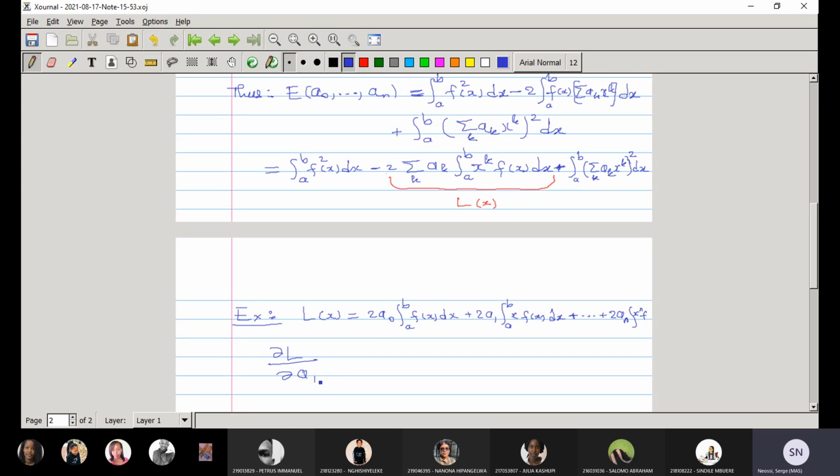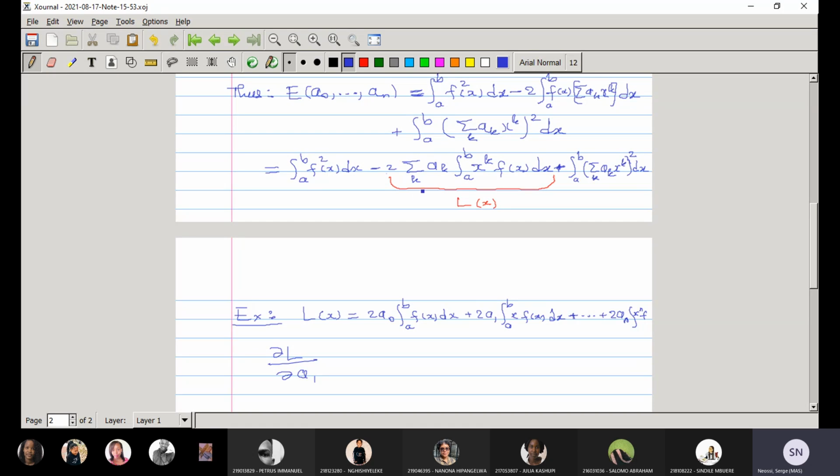If j is 0, I differentiate with respect to a0. If it's 5, I differentiate with respect to a5. If j is equal to n, I differentiate with respect to an. You understand now? I cannot differentiate with respect to ak because ak does not mean anything. It's just a variable that takes any value from 0 to n.